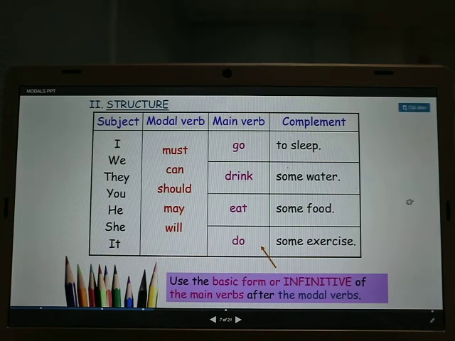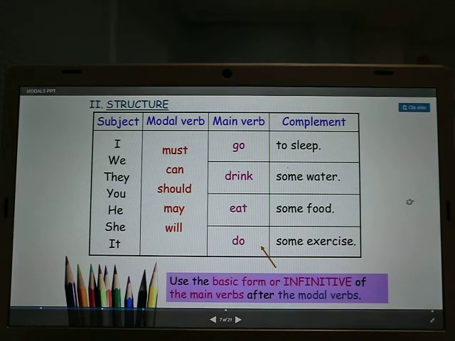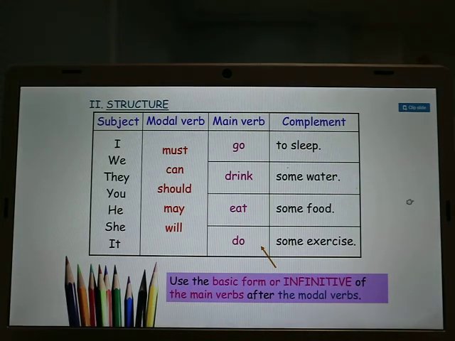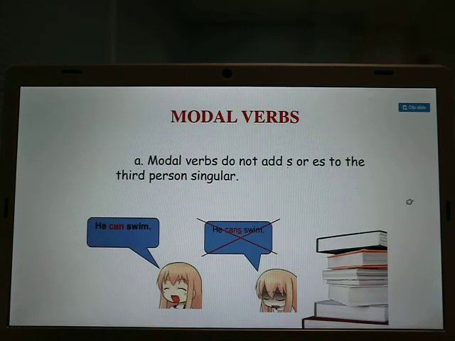Use the basic form or infinitive of the main verb after the modal verb. So modal verbs go before the main verb, okay? Goes before the main verb and after the subject. Okay? Modal verbs do not add s or es for a thing, person, or the third person singular.